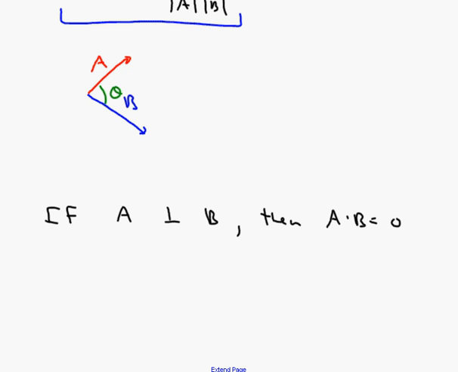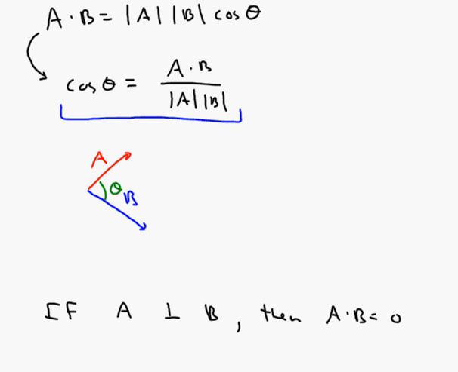And that's easy to see why if you look at the dot product in this definition up top. If the two vectors are perpendicular, then the cosine of the angle between them would have to be cosine of pi over 2, right? That would be equal to 0, and your dot product comes back at 0.